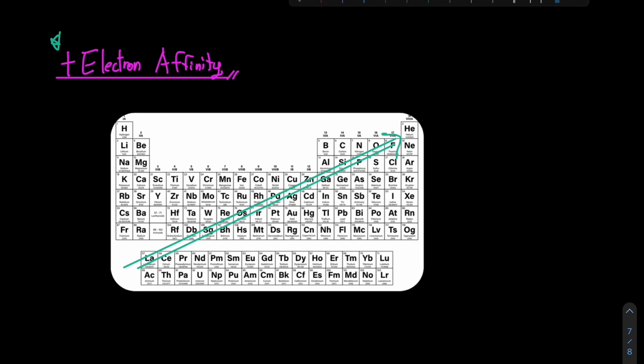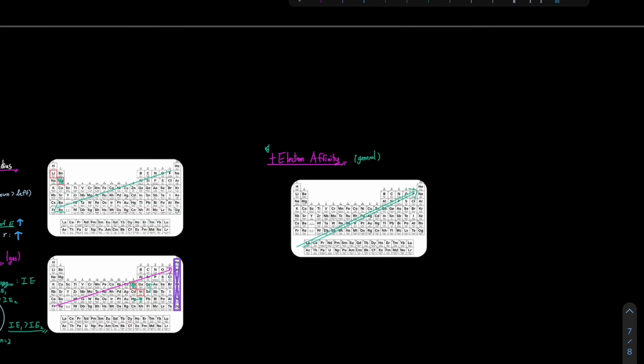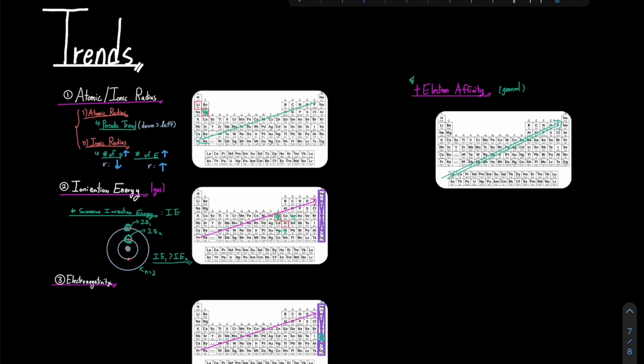This is just a very general way of how it works, and there are a lot of exceptions to this periodic trend, so don't rely on periodic trends for finding out electron affinity too much. And that sums up the 4 main trends within the periodic table.